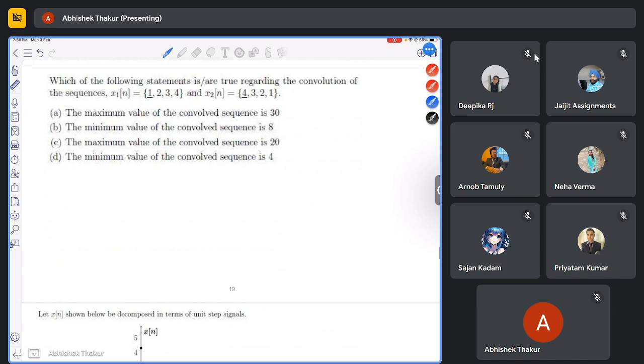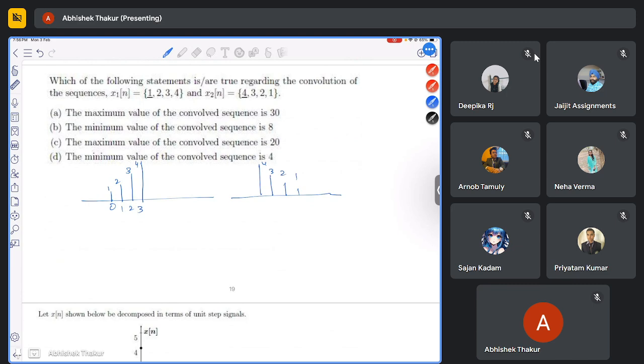Now coming to the next question. Which of the following statements are true regarding the convolution of the sequence x1[n] and x2[n]? x1[n] is given as 1, 2, 3, 4, and x2[n] is 4, 3, 2, 1.